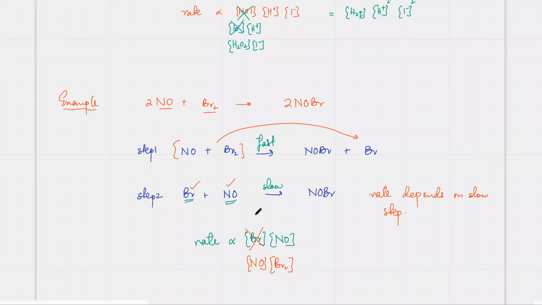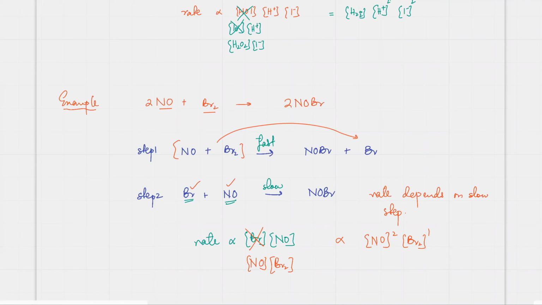And if you sum this up, NO comes in twice, so it's going to become NO squared. And BR2 is only appearing once. So that means with respect to NO, the order is 2. That means the rate would be very sensitive to the concentration of NO. It will have a linear relationship with BR2, but not with NO.